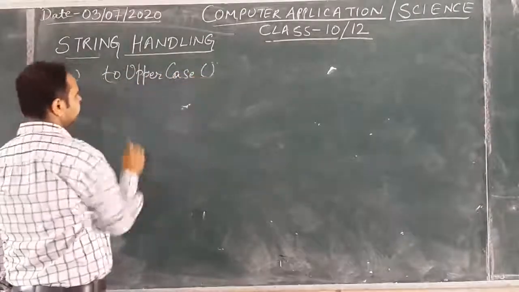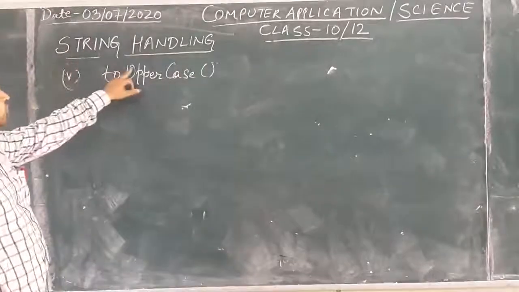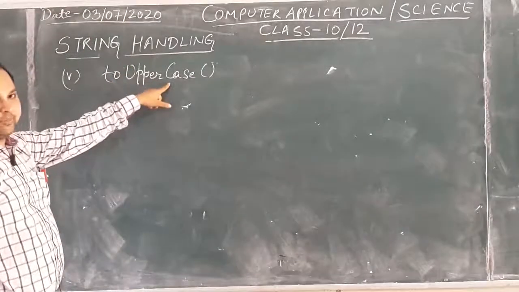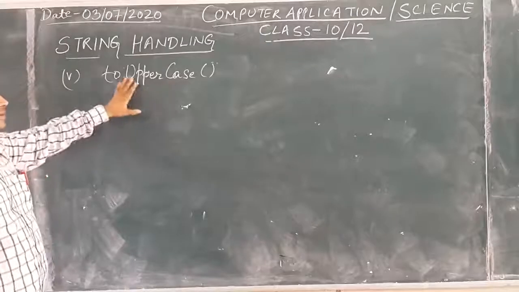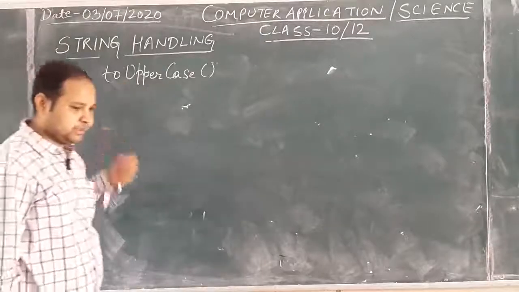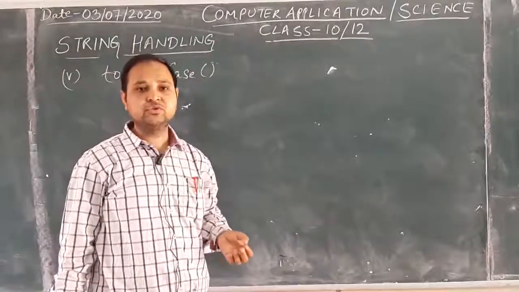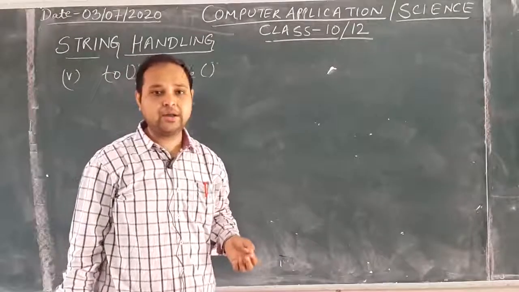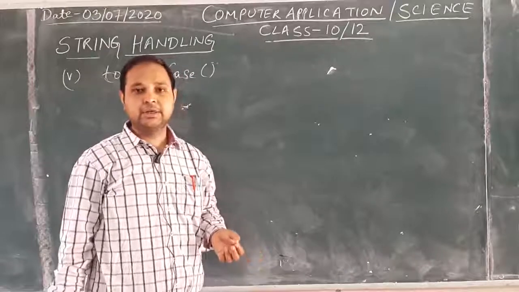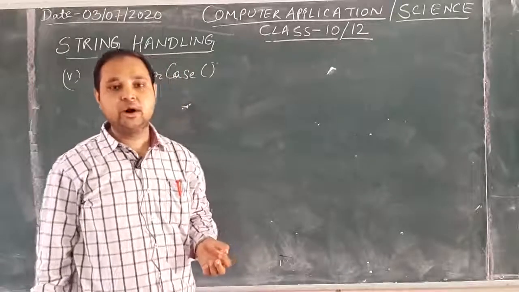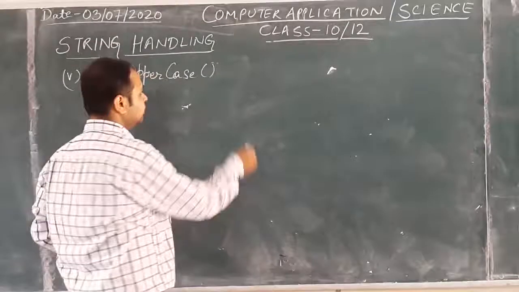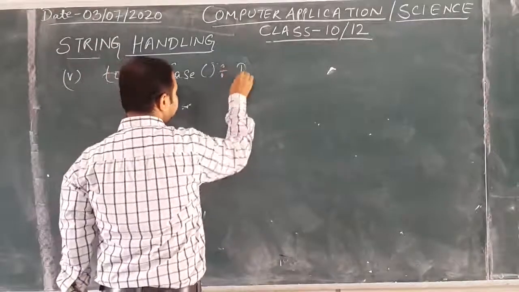You can see that the way I have written here, the U and C are capital. Now as you know, uppercase means the capital letter. So what is the use of this function? This function is used to change all characters of the given string into uppercase.